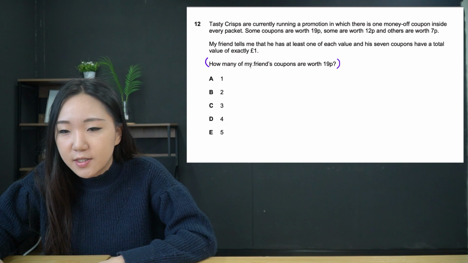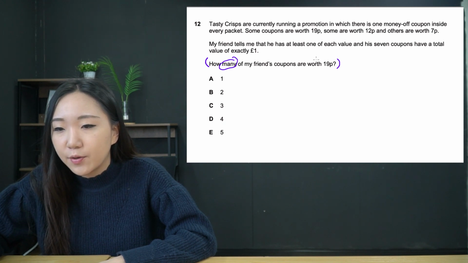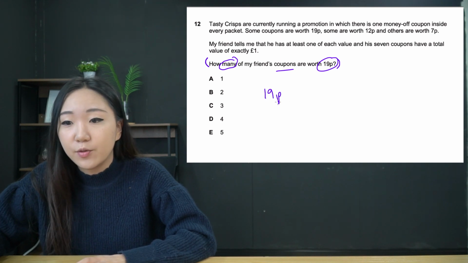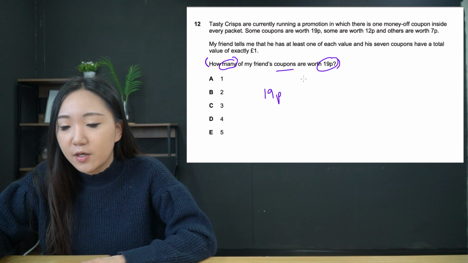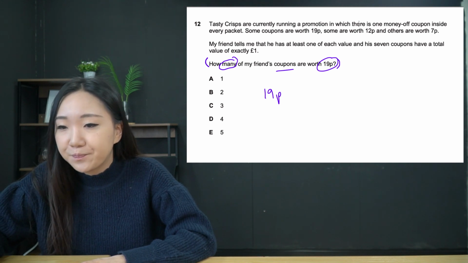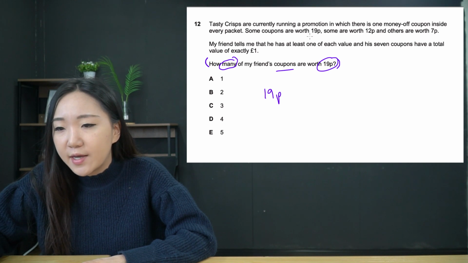So I'm looking at the question, it says, how many of my friend's coupons are worth 19p? So I know 19p is the number of coupons that I need to find, okay? Then I'm going to skim through, and I'm saying, okay, there's a promotion, some coupons are worth 19p, some are worth 12p, and some are worth 7p.